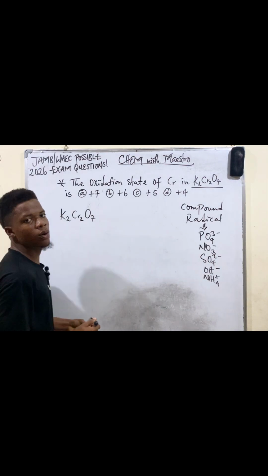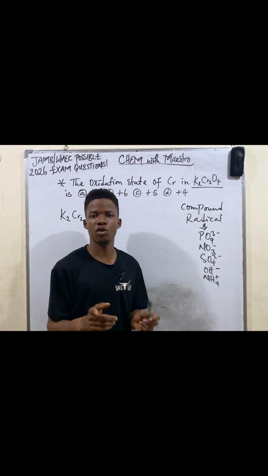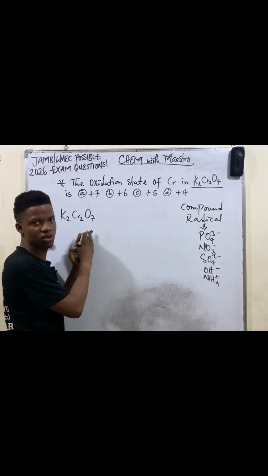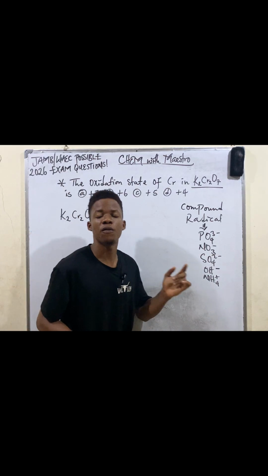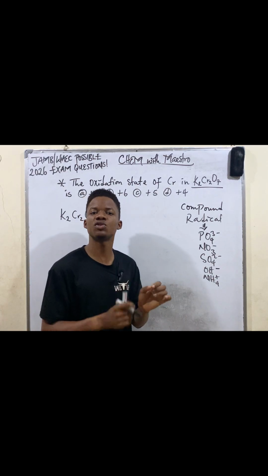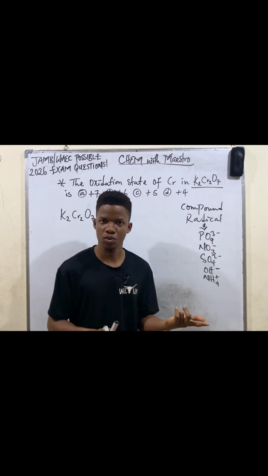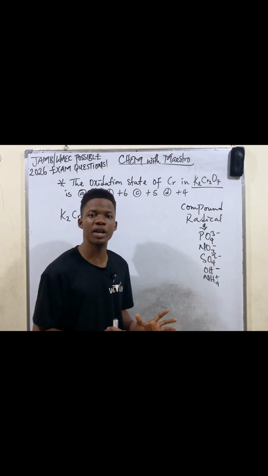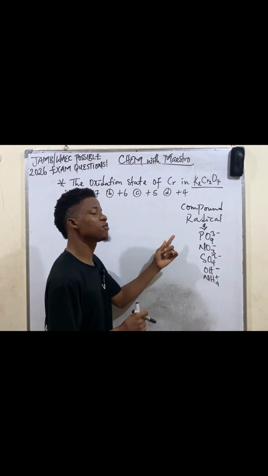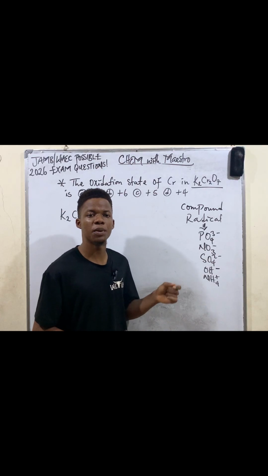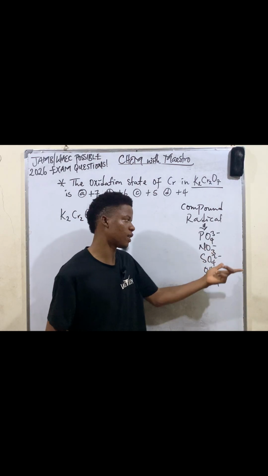Now we have identified K2Cr2O7 as a compound. There is a rule: for a compound, the algebraic sum will be equal to 0. And for a radical, the algebraic sum will be equal to the charge on the radical.